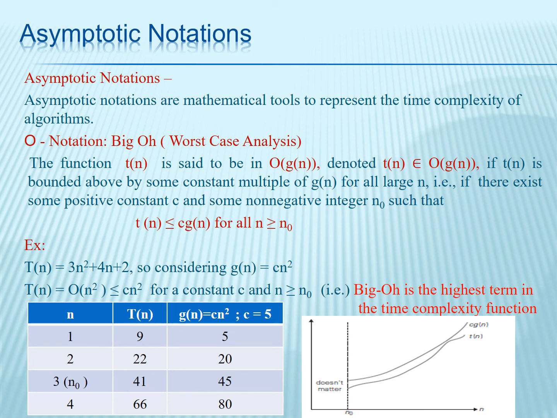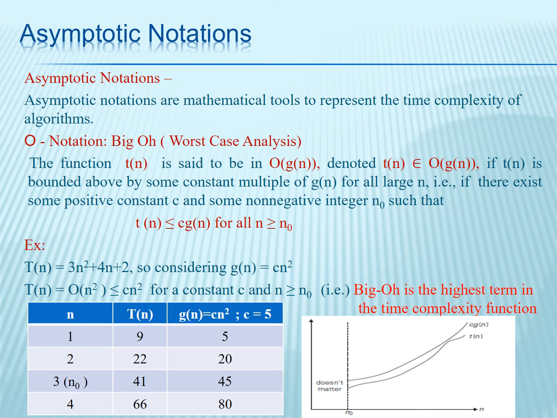With that we construct the table. So here, when the value of n is equal to 1, t of n is equal to 9. G of n, which is c multiplied by n square, is 5. Similarly, for n is equal to 2, 3 and 4.